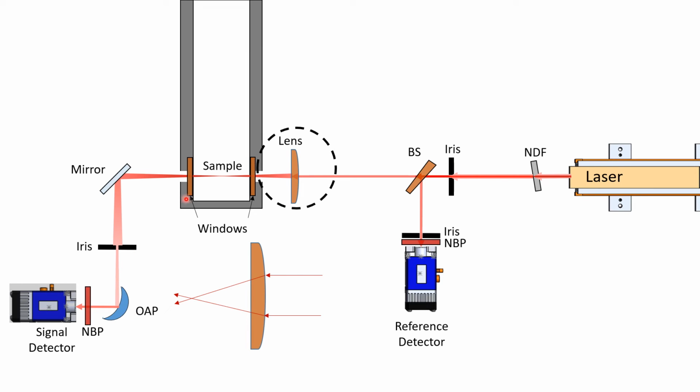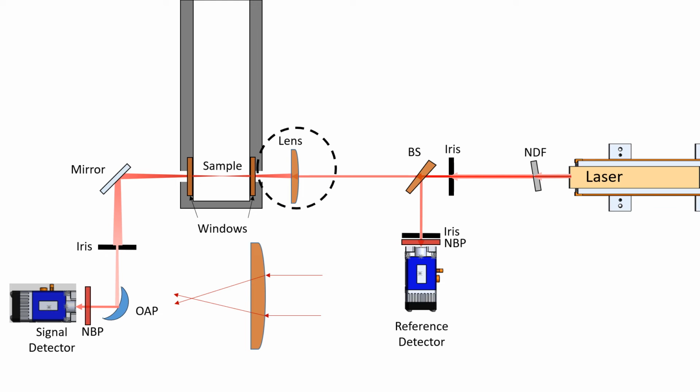The windows installed in the tube have a few specifications worth considering. First, notice that I've made the windows, lenses, and beam splitter all the same color. This is to indicate that they are all made of the same type of glass. In this diagram, I'm assuming a single laser wavelength of 10.532 micrometers, which is infrared light.